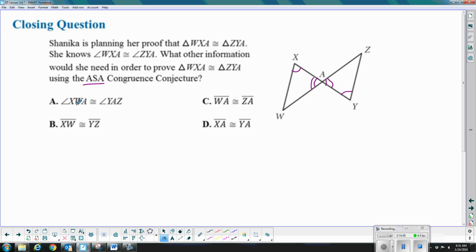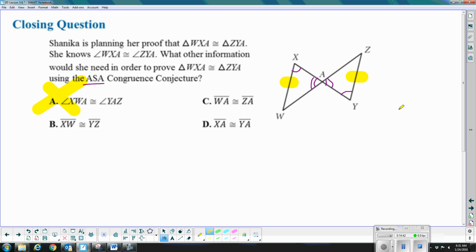So angle XWA, if you look here, XWA is congruent to YAZ. That's not going to help us at all. So it's not going to be that first one. Side XW is congruent to side YZ.